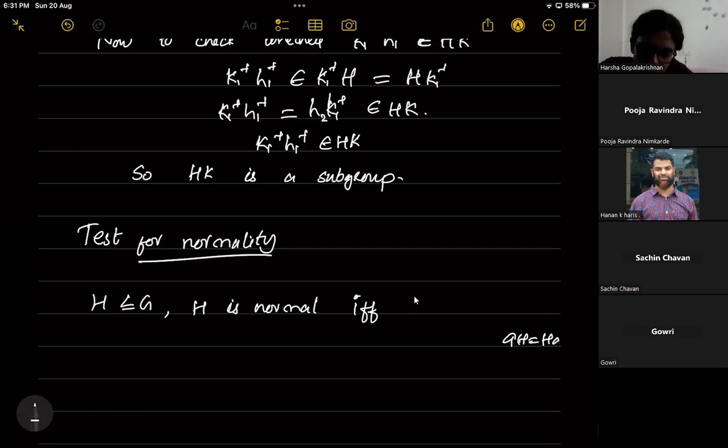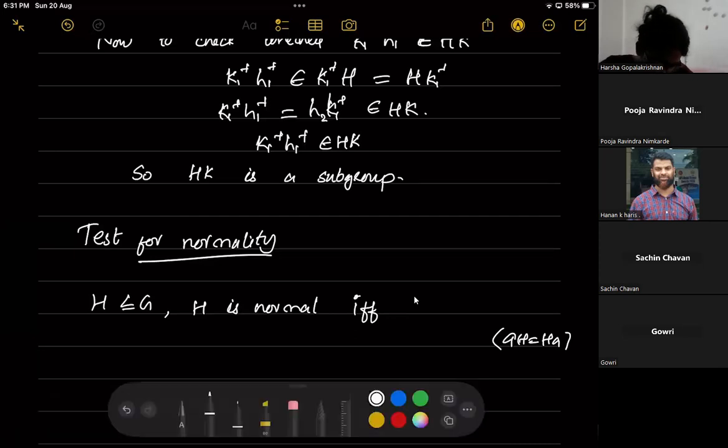Other than that, as a theorem, there was a test for normality, because in every case AH will be a coset and HA will be a coset. To check that both are the same, we need to check each and every element, whether the full set is the same or not. So that will be a bit difficult, correct?